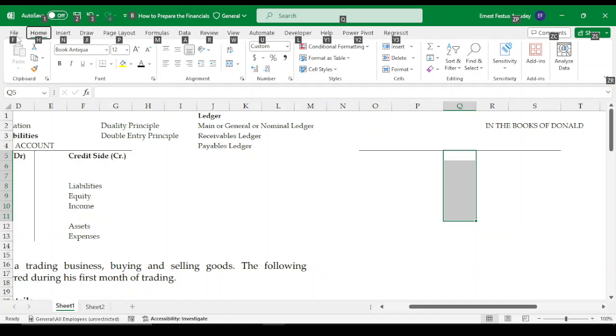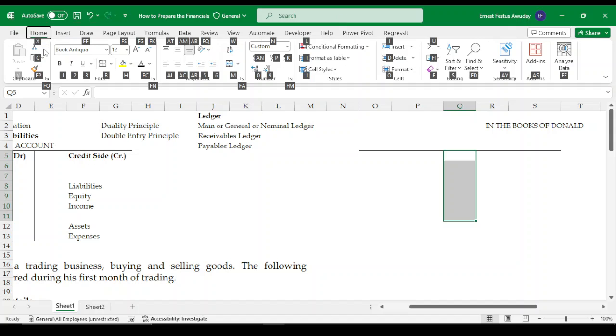So to access your home, we know that the border is on the home tab. All right, and the home tab is denoted with the letter H. So I'll hit my H on the keyboard, and that will open the various menus for me on the home tab.